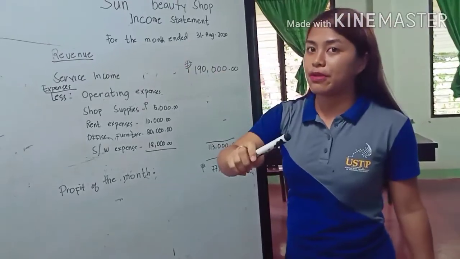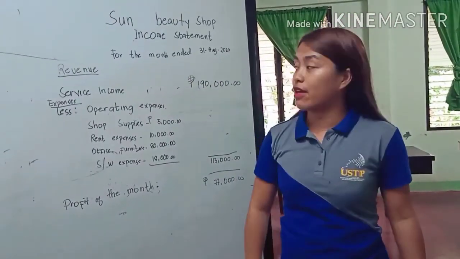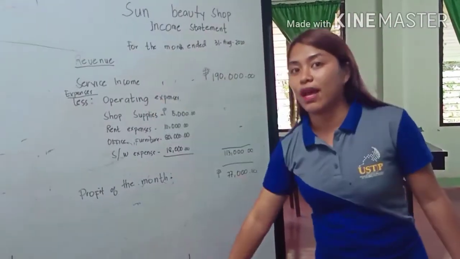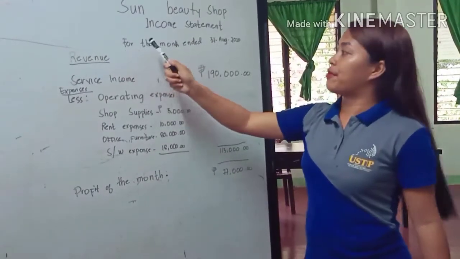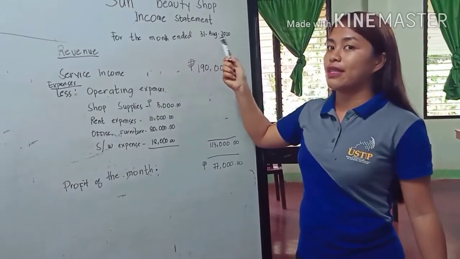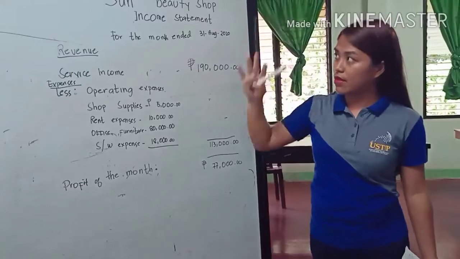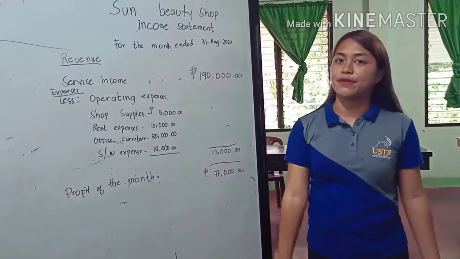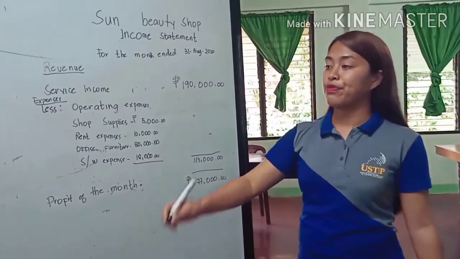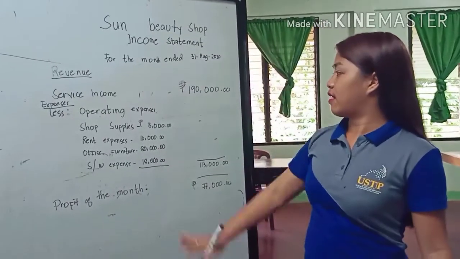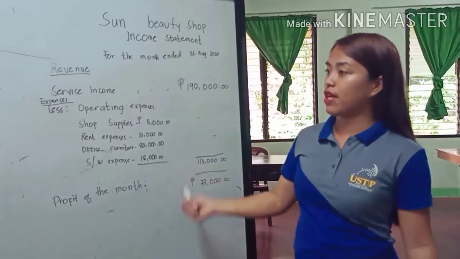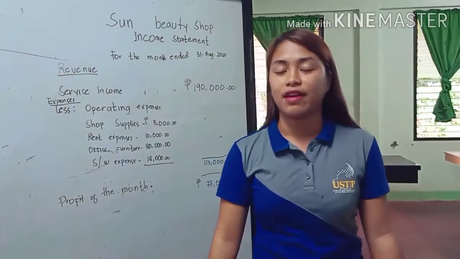The period covered by the report is, as what I have said earlier, focused on one month. So our title is for the month ended August 31, 2020. The amounts here are derived from the transactions given.